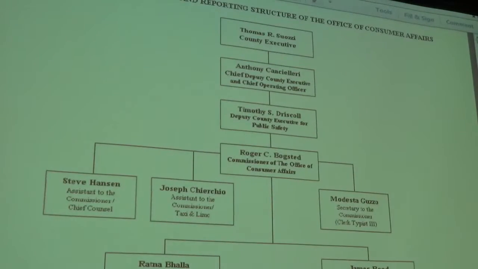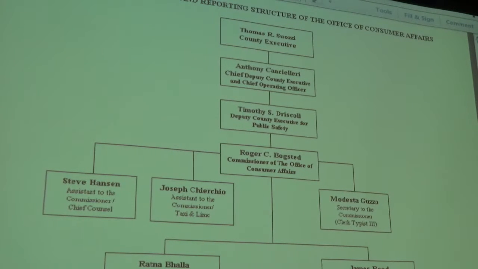Just very briefly, Tom Swanson, who was the county executive who hired me, is now the congressman. R.J. O'Malley, who was the chief deputy county executive and chief operating officer, is now one of the presidents of a major hospital in New York. Timothy Driscoll, I don't know what happened to him. Roger Boxter is no longer there.